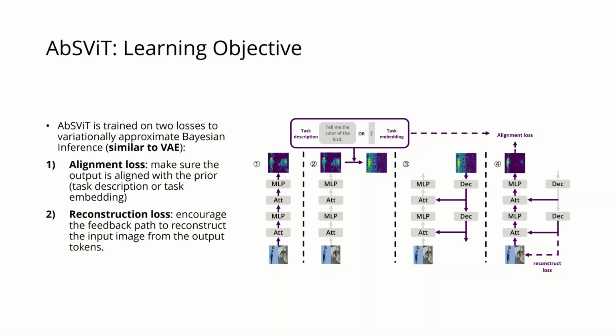The second one is the reconstruction loss, which means we want the feedback path to reconstruct the input image from the output tokens. By optimizing these 2 losses, along with any regular supervised or unsupervised loss for the task, the model can learn top-down attention.